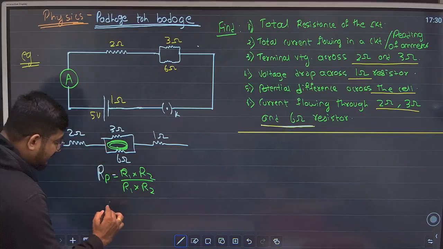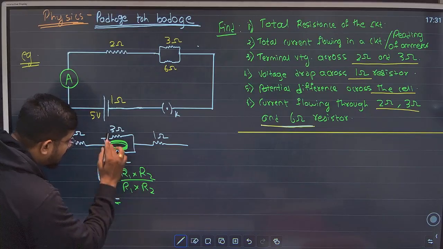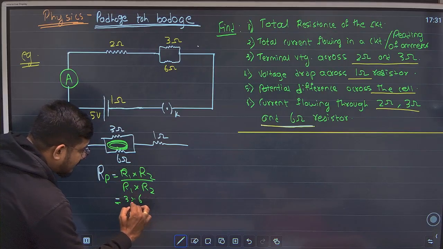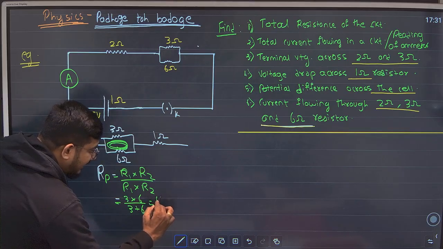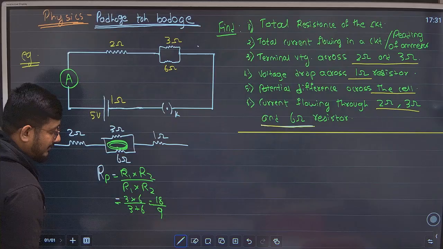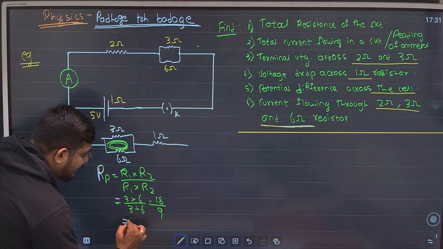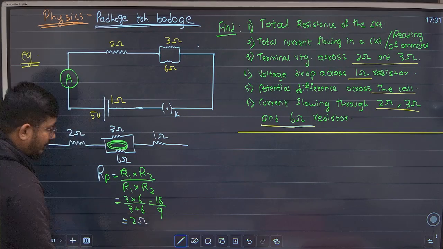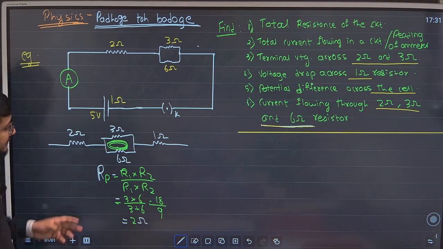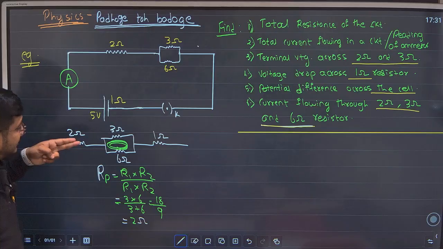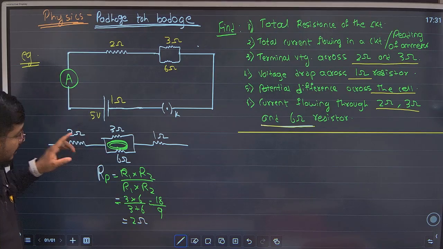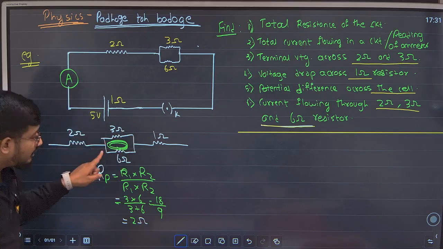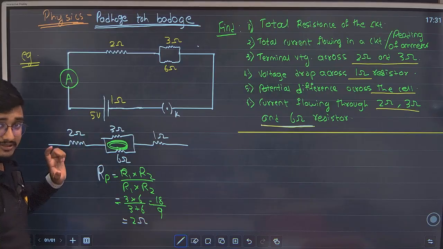So this becomes 3 into 6 upon 3 plus 6, that is 18 upon 9. We get the answer as 2 ohm. Are you getting what is happening? We are solving this parallel circuit, 3 ohm and 6 ohm. To solve this, we first solve a loop, that is the closed path.